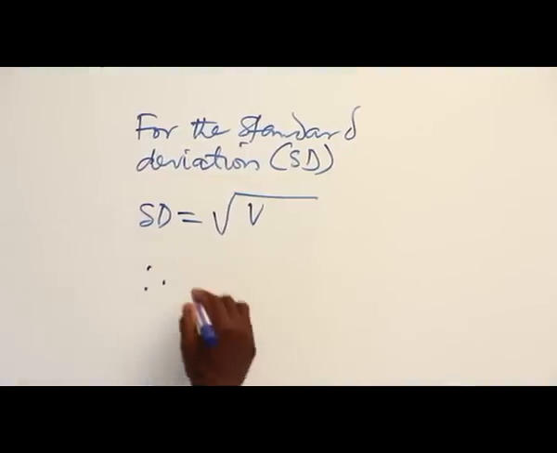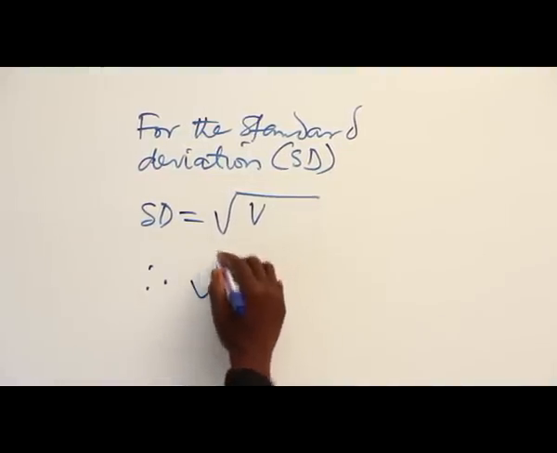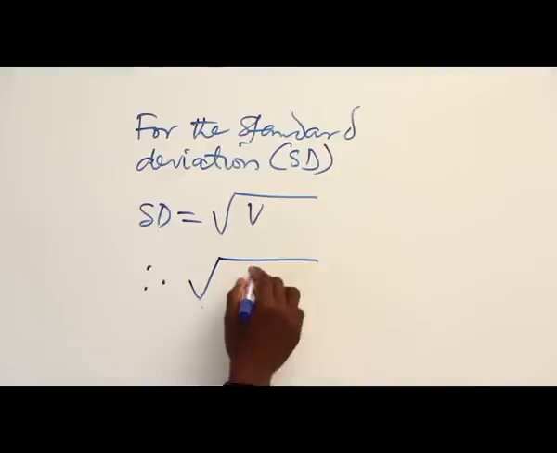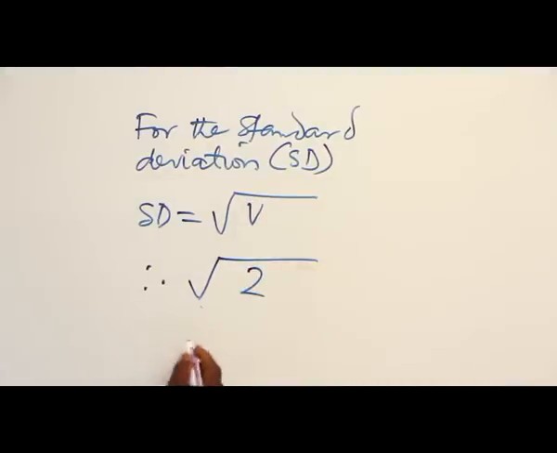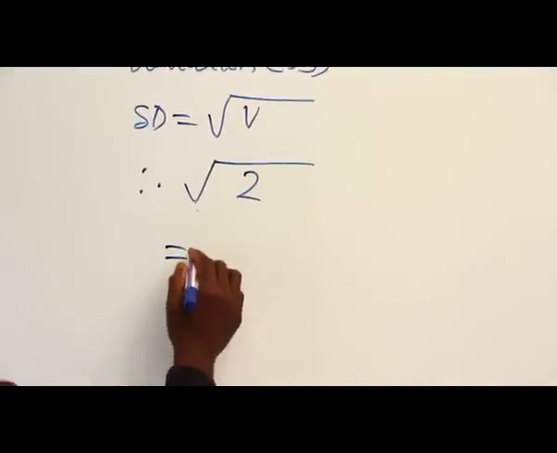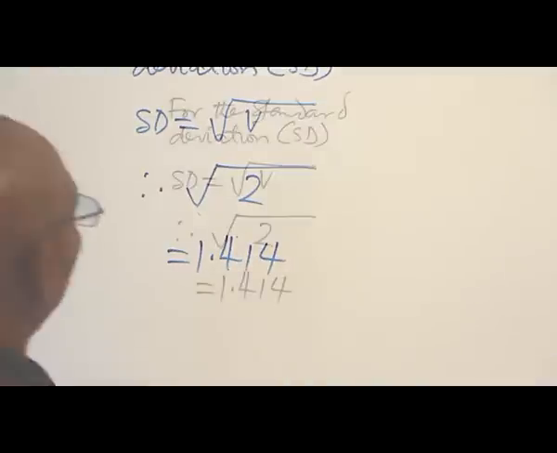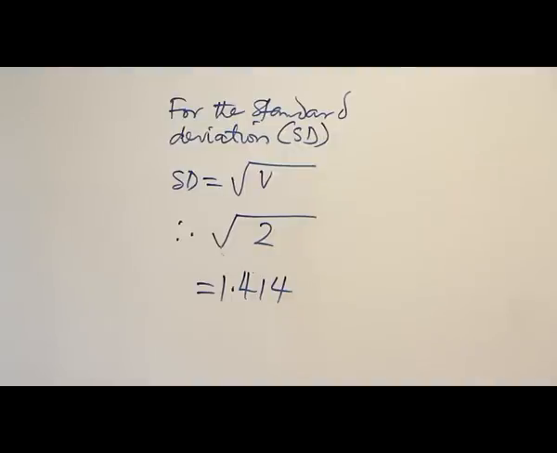Therefore, we have the square root of 2 equal 1.414. So the variance is 2 and the standard deviation is 1.414, option A is correct.